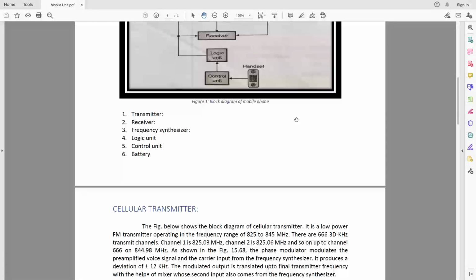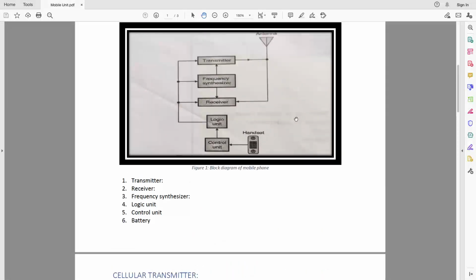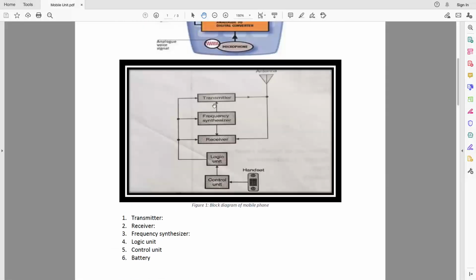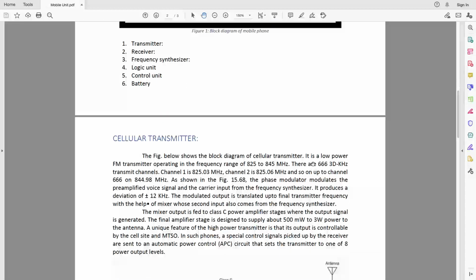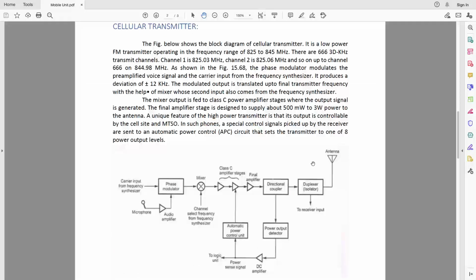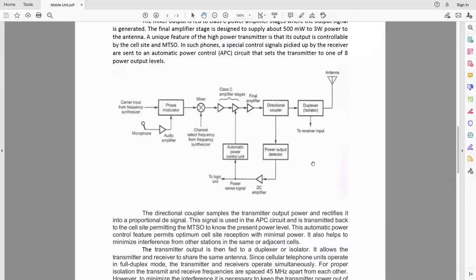So now we are going to switch towards the transmitter. Now we have to see in detail the circuit diagram of the transmitter, and how the transmitter actually works. In front of you, you have a typical mobile phone transmitter diagram.